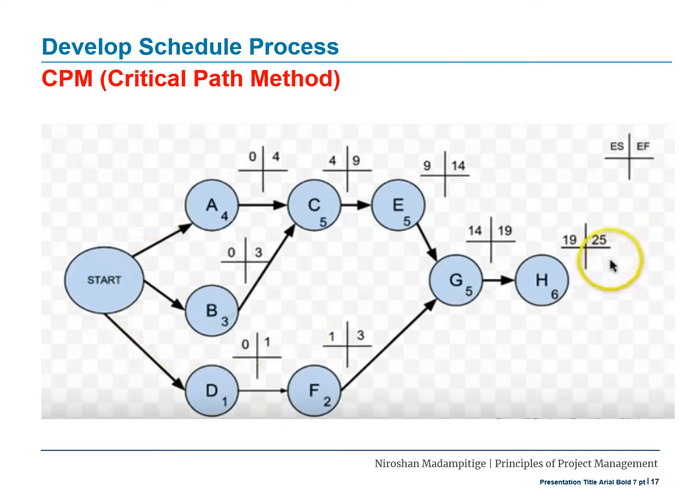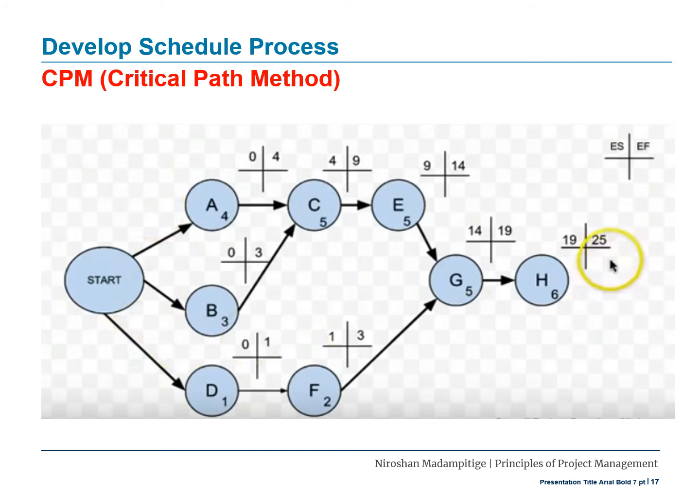It's just that one of these has to be completed. So if we are to start this, we have to at least wait 4 days. Look at the maximum number among the dependencies for C. So when you consider 4 and 3, the maximum number of days that you have to wait to start this is 4. So you put 4 here.